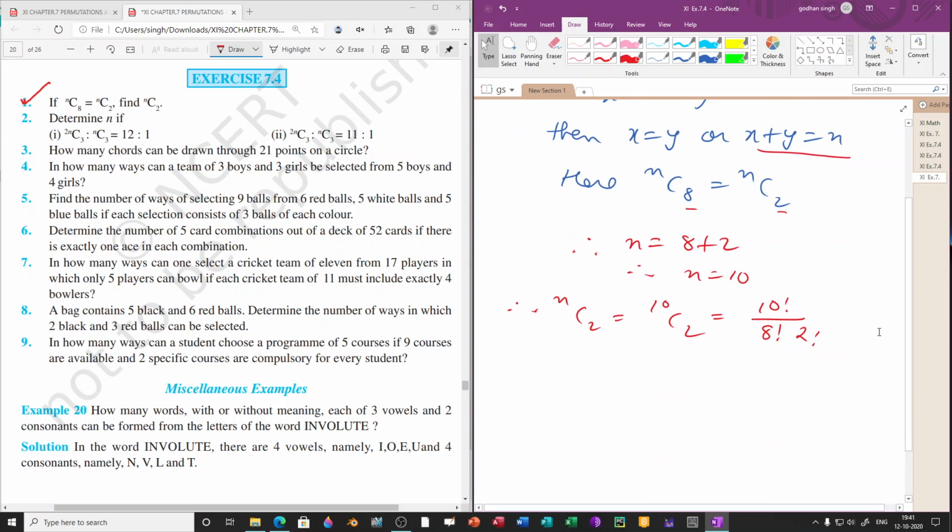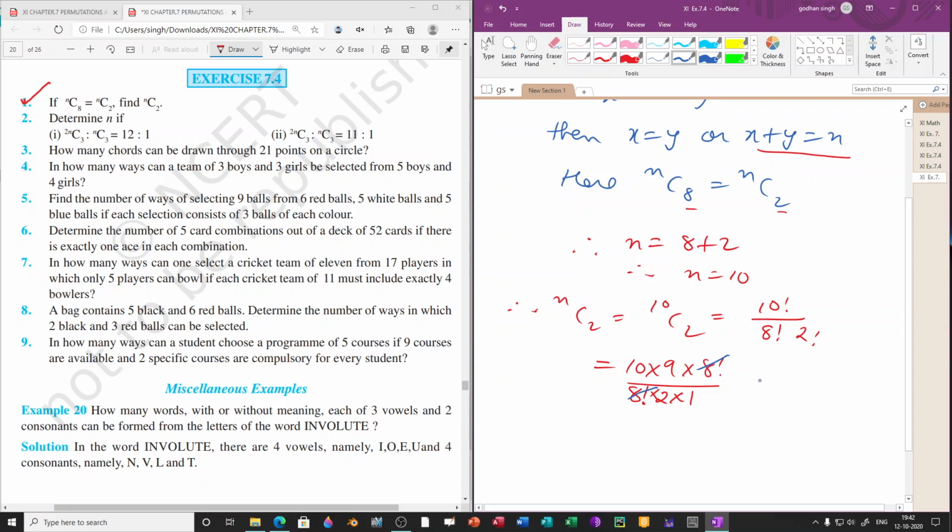And now we'll simplify this. So we'll be getting 10 into 9 into 8 factorial, because 10 factorial is bigger than 8 factorial, so we can split 10 factorial, and we are having here in the denominator 2 factorial. 2 factorial is actually 2 into 1, and we are having here 8 factorial. So 8 factorial in the numerator and denominator will cancel each other.